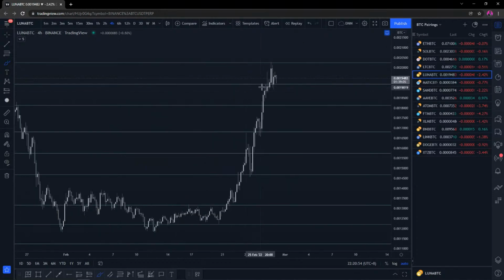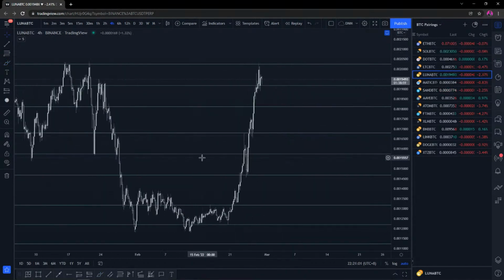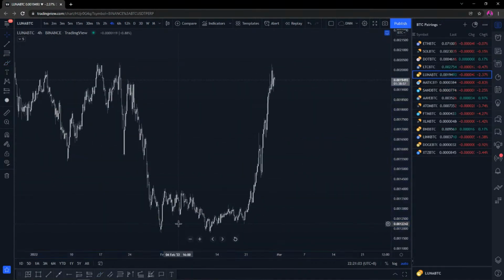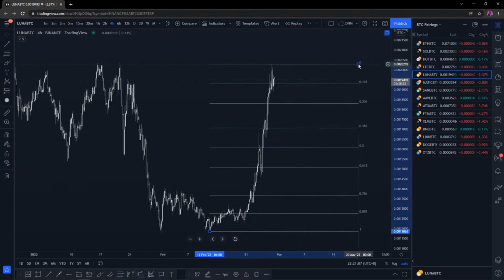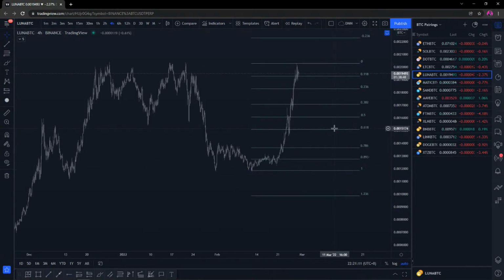You've got to look at that and you think, all that upside. Surely, if we were to pull a fib, we'll get rid of this dude here, from the low to the high, even around here at that 618, Luna is just an absolute beast. It doesn't really respect the true TA too much. But if I was looking at something like that, you could go straight across there.